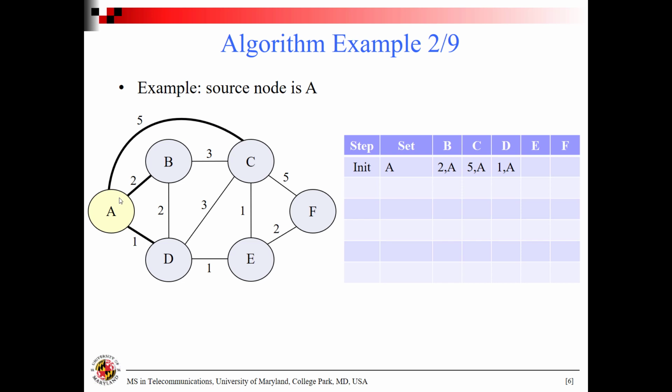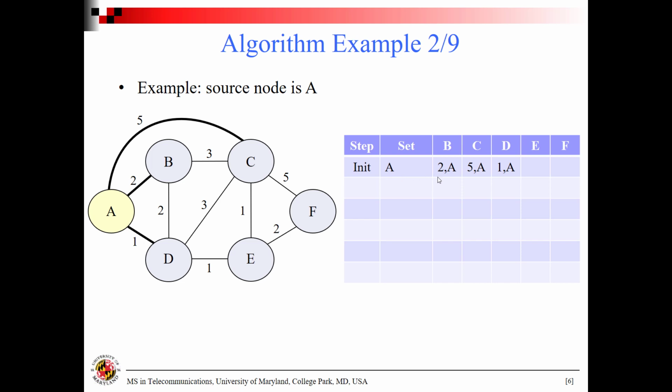And node A has three neighbors, right? So it's node B, C, and D. And the direct path has the associated cost, and that is going to be the current best metric or best cost for that particular destination. So you could see that, for example, here we have node B. Node B has an edge which has an associated cost of 2.